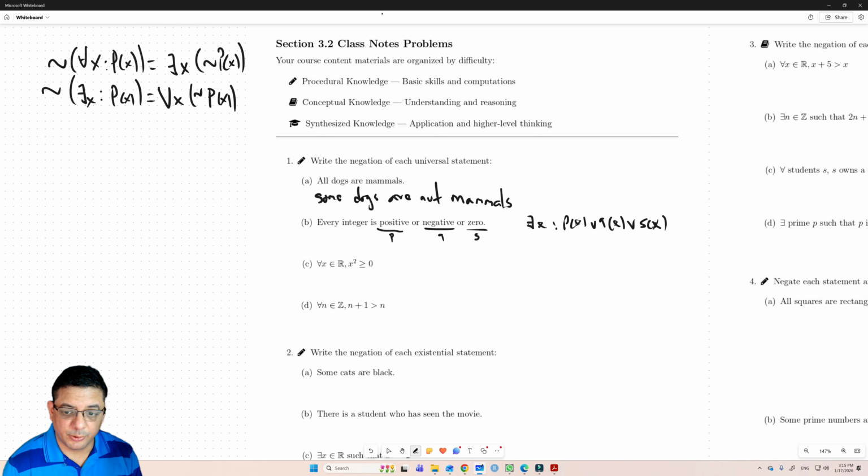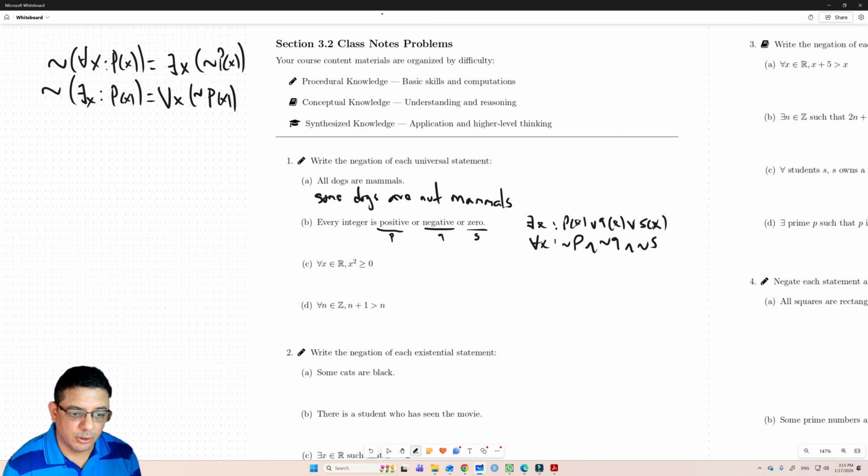We're going to get a there exists, negation of all this, and this is going to flip the or for an and. So we're going to get there exists x such that negation of P and negation of Q and negation of S of x.